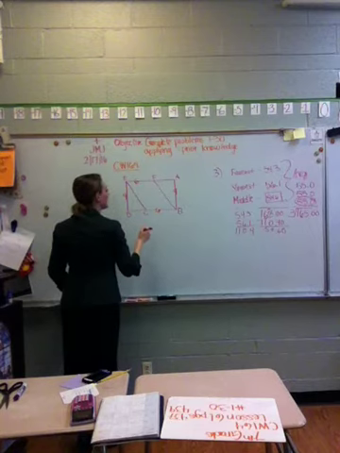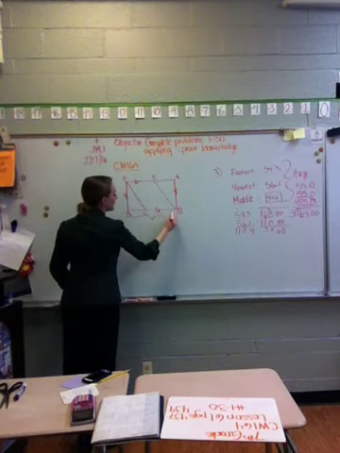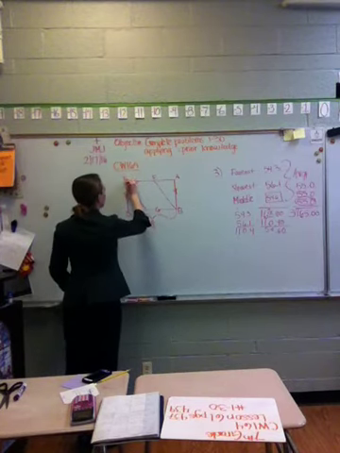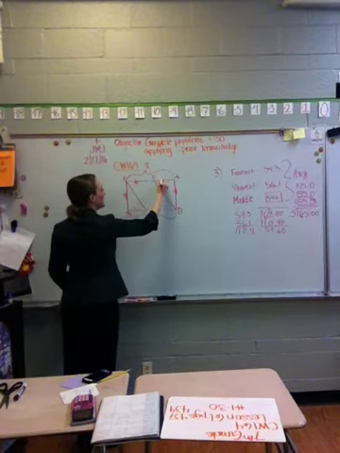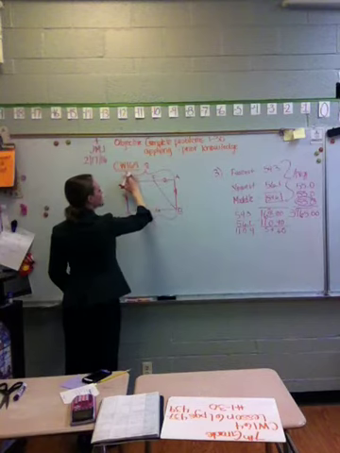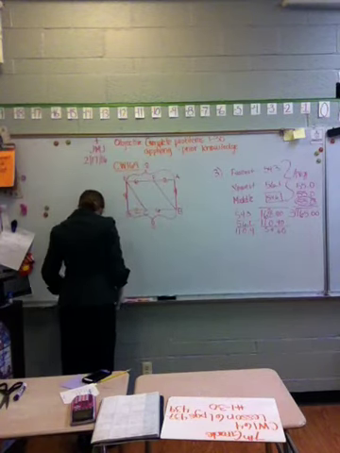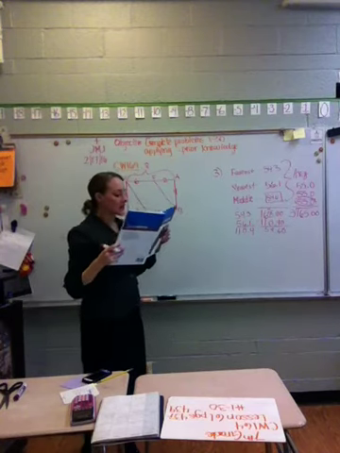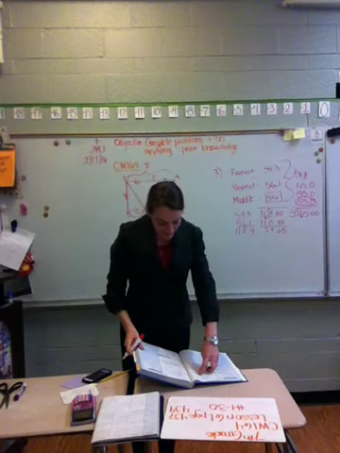BD and AE are 8. So from here to here it's 8, and from here to here it's 8. So if I know that, then I know this has to be 2, because 6 plus this part has to equal this whole part of 8. So we've got 2. All right, what's the area of quadrilateral BCEF?